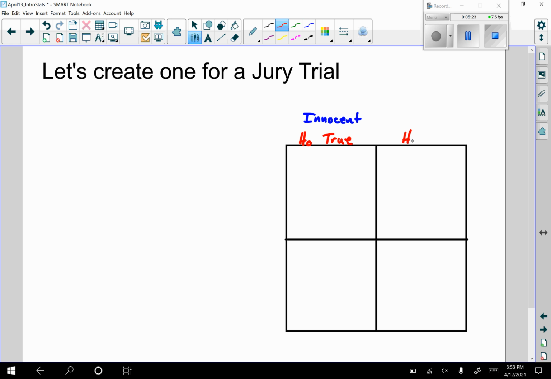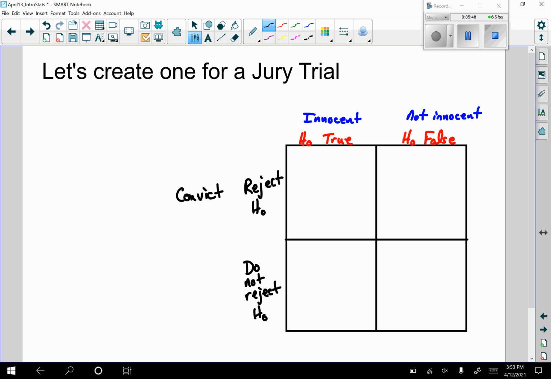And if H naught is false, we're not going to say guilty, we're just going to say not innocent. Over here, we'll reject H naught. That means we're going to convict. Here we will not reject. That means we'll acquit.